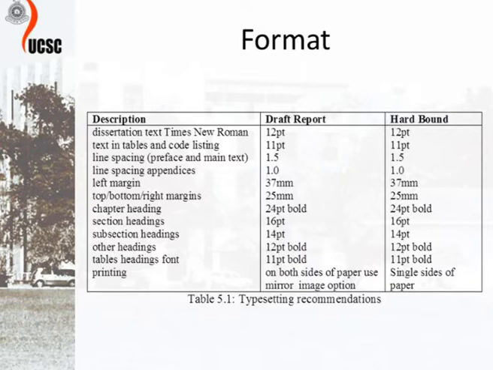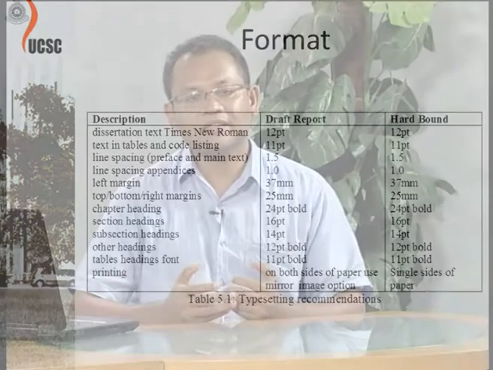Also there are recommendations for left and right margins as well as top and bottom margins. The chapter heading should be in 24 point bold. Now, this is a common mistake I have seen that most students make, that their chapter headings and their chapter text are the same size.